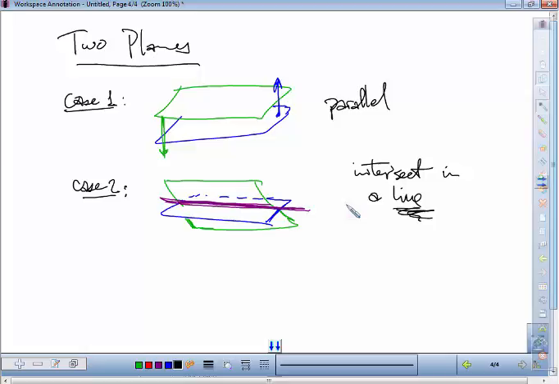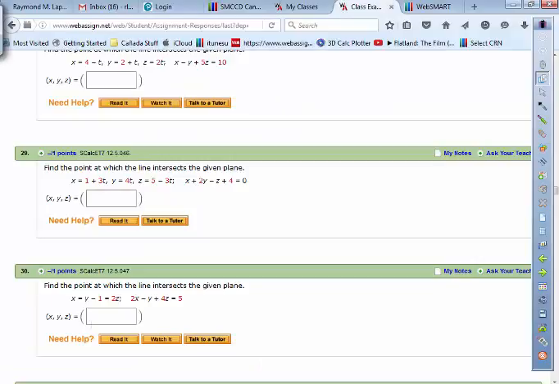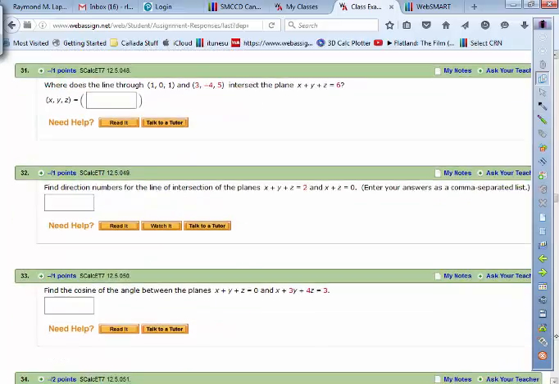All right, let's see if we can find an example. Find the point at which a line intersects a plane. Find the direction numbers of the line of intersection.